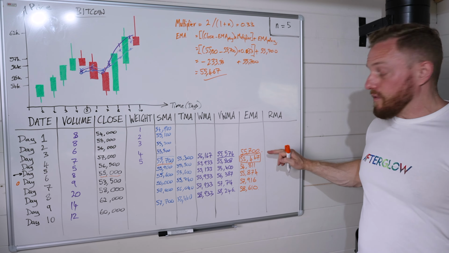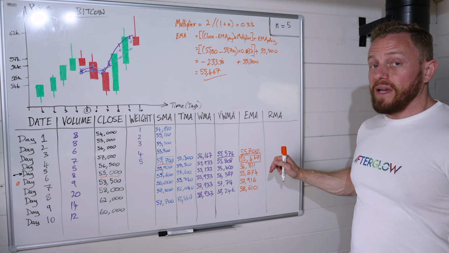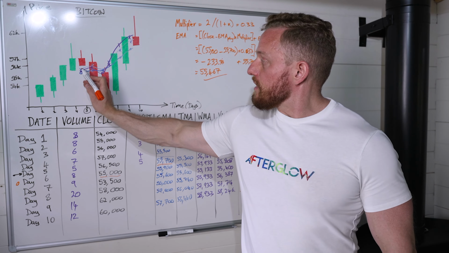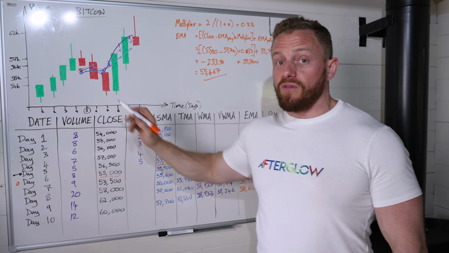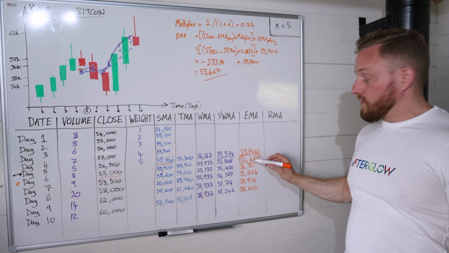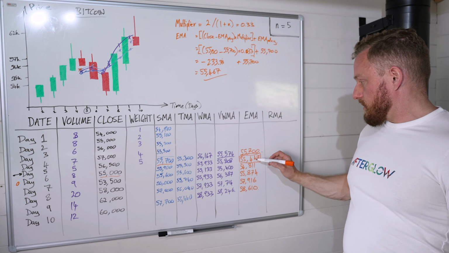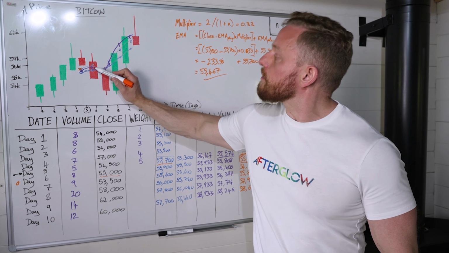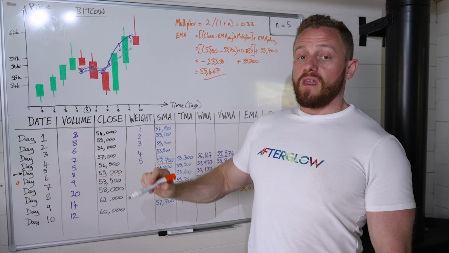So now we've got the first two values on the EMA line, we can plot those on here. So 55 is the same as the SMA value from earlier, and then the next point is 55,467, and that would actually be slightly below the previous SMA line, so it would be somewhere in there.